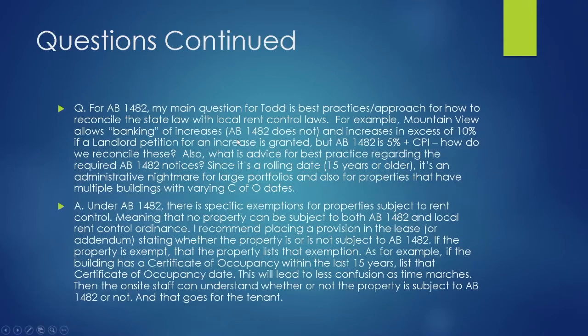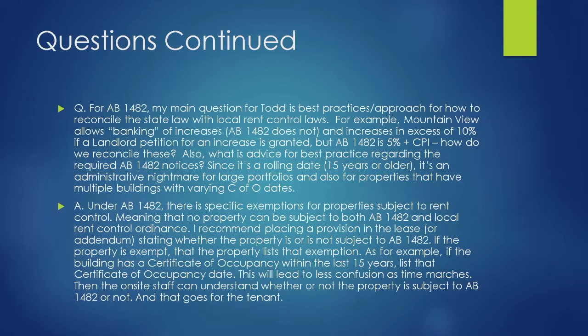Okay. Another question is about AB 1482. My question for Todd is the best practices approach for how to reconcile the state law with local rent control laws. For example, Mountain View allows banking of increases, 1482 does not, and increases in excess of 10% if a landlord petitioned for an increase granted, but AB 1482 is 5% plus CPI.